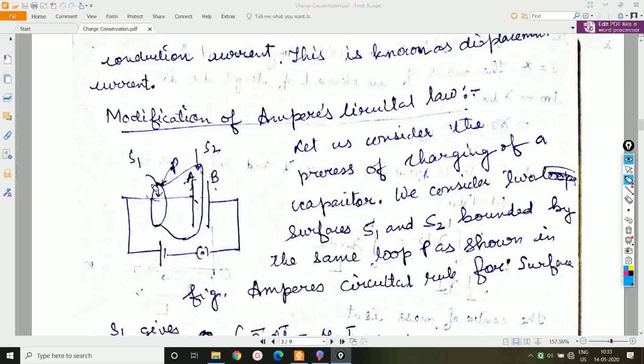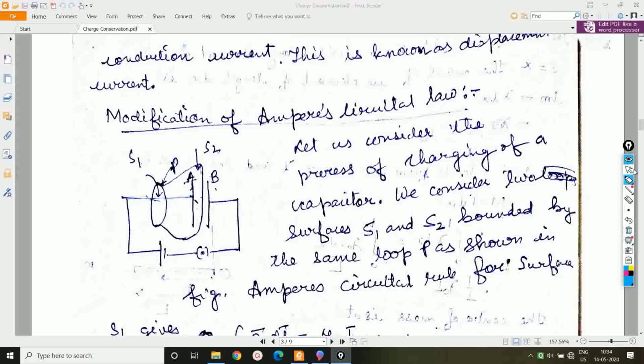When you take the surface S1, you will see that this wire cuts through it and goes through, so it encloses current. But when you take the pot shaped one, the wire comes inside this pot shaped surface S2, but it does not go out, so it does not enclose any current carrying conductor. So these are the differences between the surfaces S1 and S2.